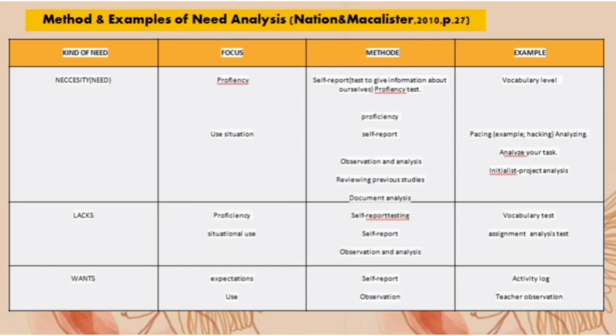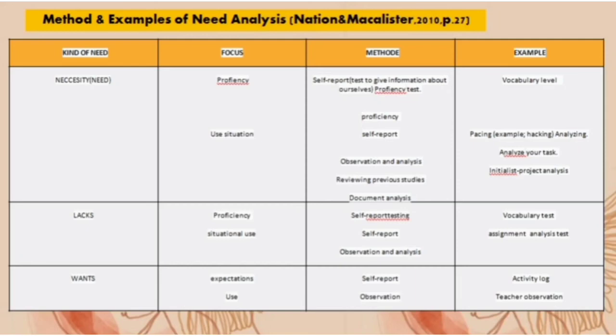And the example is vocabulary level. The next is situation, in the focus, and in the method, self-report. Example, packing, hacking, analyzing. And the method, observation and analysis. In the example, analyze your task. Method, reviewing previous studies. And example, initialist project analysis. And the method, document analysis.